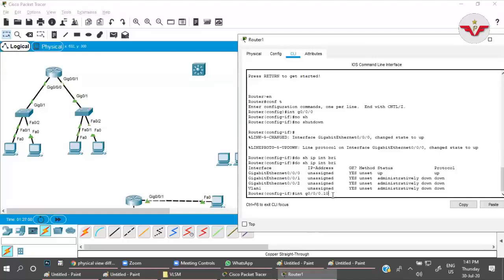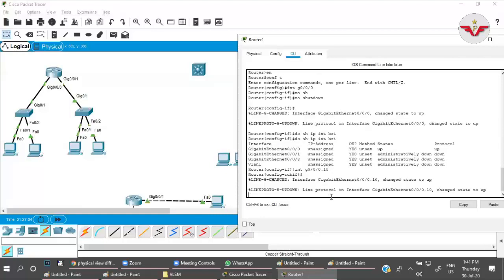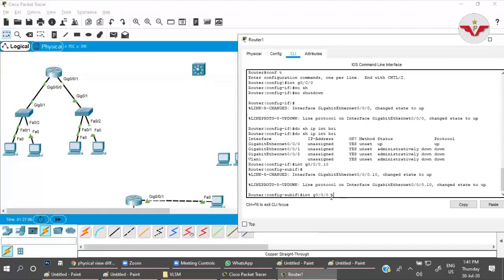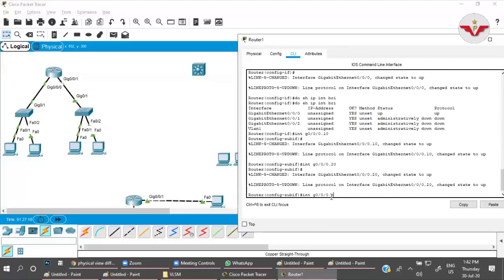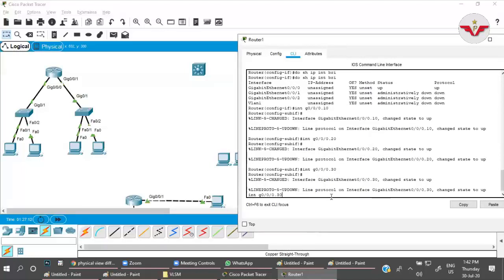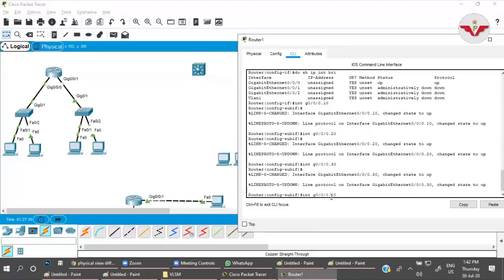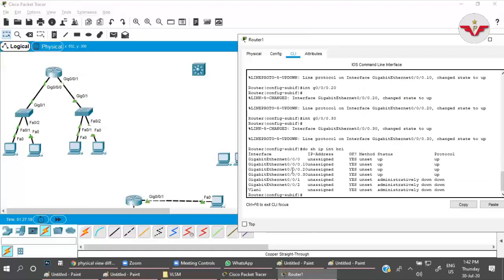G0/0/0.10 created, 20 created, 30 created. Done. Now let us check again. Do show ip int brief. Fine.